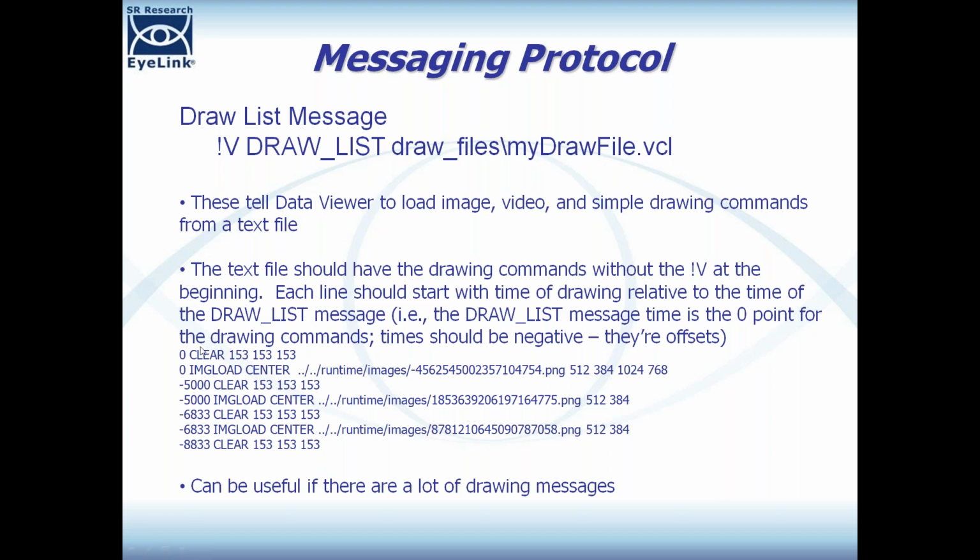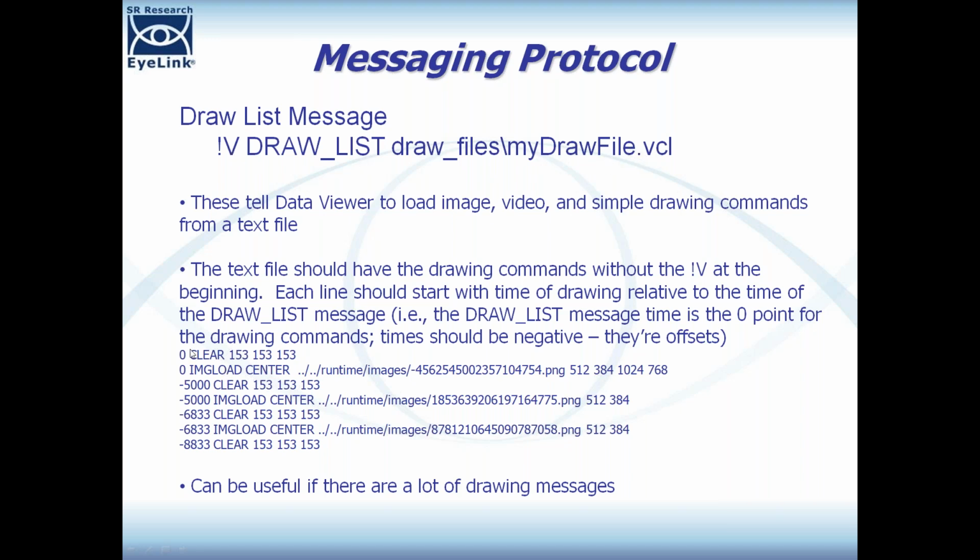And when you write them to the text file, you don't need to put the exclamation V, but what you do need to do additionally is notice how all these messages begin with a number here. Those numbers are the time of the onset of those different stimulus characteristics. So you can see here at time 0, which is the time of the message. So basically the 0 point is the time of the message here.